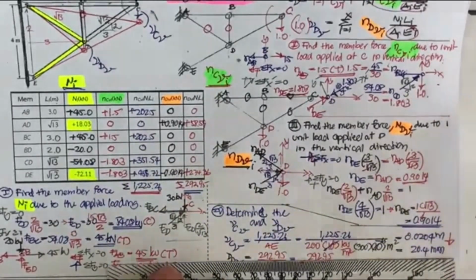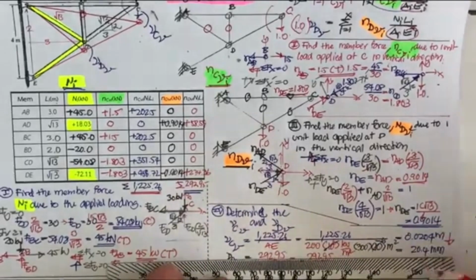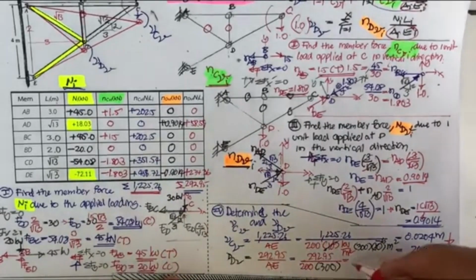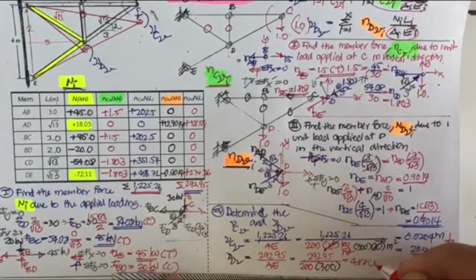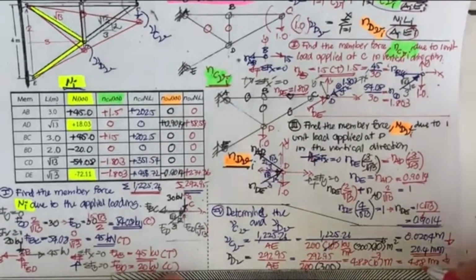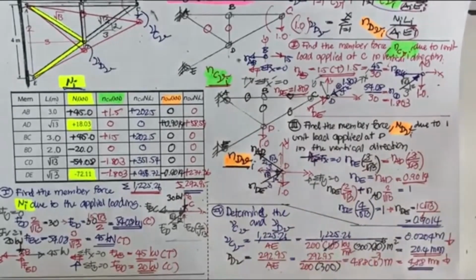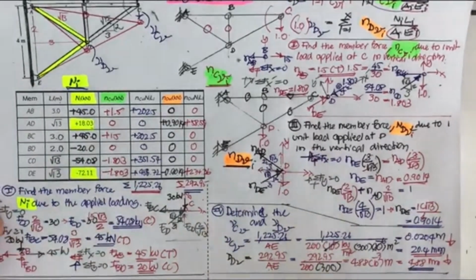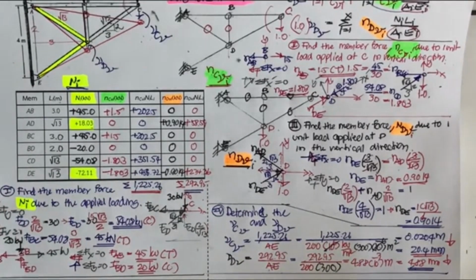Then you get 4.88 times 10 minus 3 meter, or you get only 4.88 millimeter. That is smaller than 20.4, about 5 times. Okay, and that is what we can do to compute the deflection of the truss.